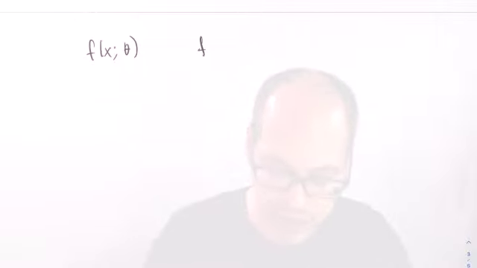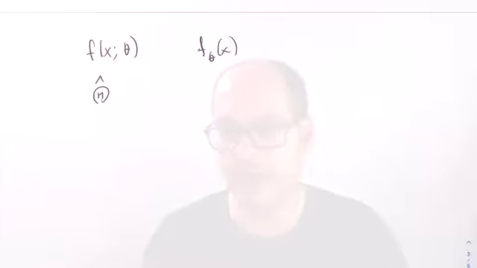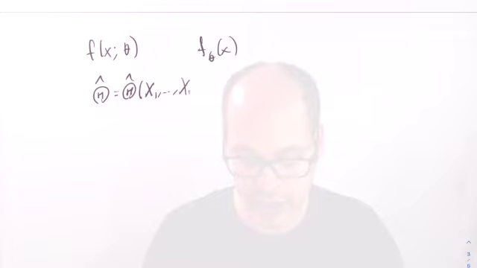I could have written it as f sub theta or something like that, but it's some distribution that depends on some parameter of interest. And so now we also have our estimator, theta hat, and by definition, this is some statistic, which is to say it's some function of our sample. So I'll use the same letter, theta hat of x1 through xn, but I'm thinking about that as some abstract function.